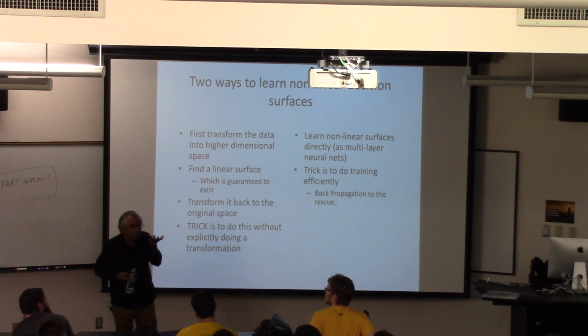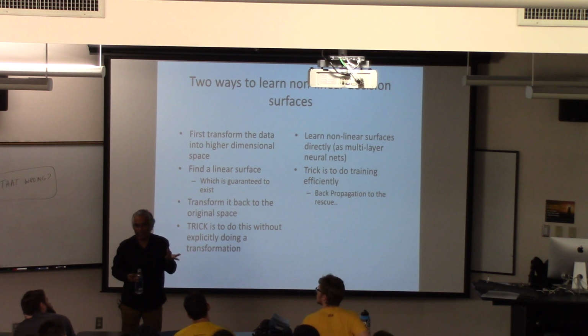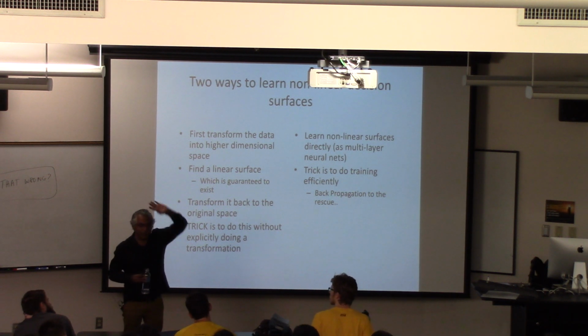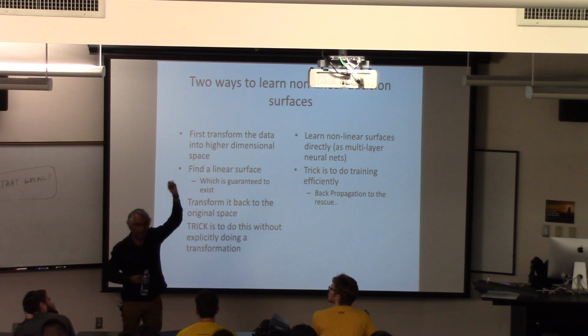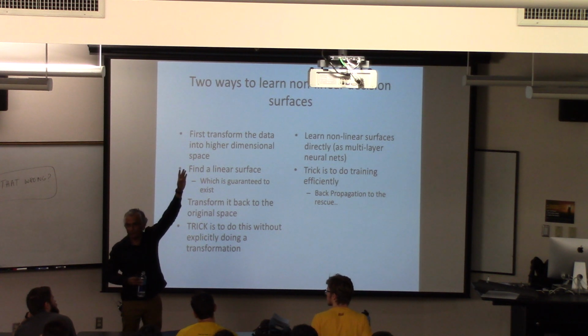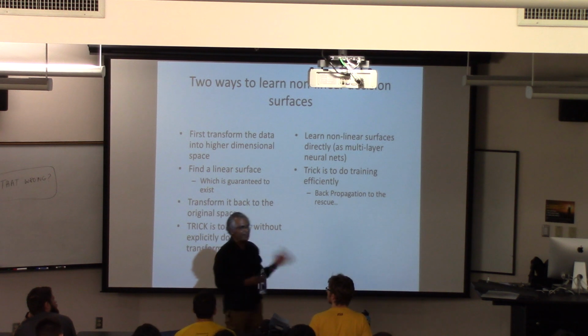So in a 5-dimensional polynomial, what are the terms that will be there if you have x1 and x2? (x1 + x2)^5. Remember your binomial theorem? You'll have x1^5, x2^5, x1^4 times x2, x1^3 times x2^2, etc. And for each of these terms, you have a dimension.